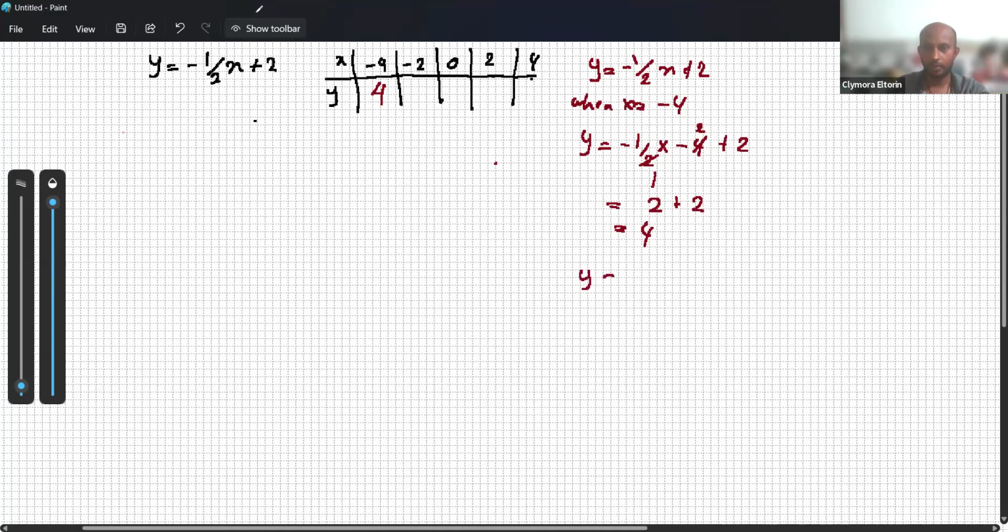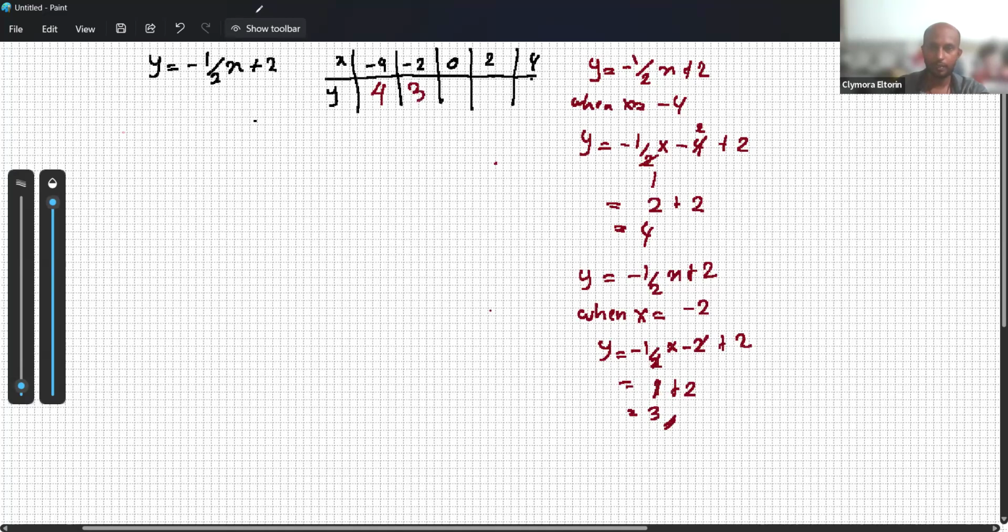Okay. y equals minus half x plus 2. We are going to find the value when x equals minus 2. y equals minus half into minus 2 plus 2. The 2s will cancel. Minus into minus is only 1. Plus 2 means the answer is 3.